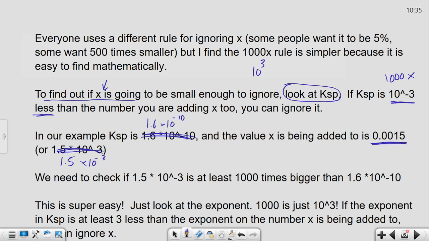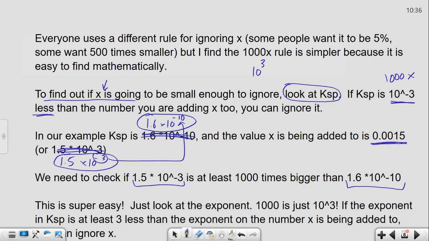So you need to check, is this number 1,000 times smaller than this number? And you don't have to do any fancy math. All you have to do is check the exponents, from negative 3 to negative 10. We're checking if 1.5 times 10 to the negative 3 is 1,000 times bigger than this, which basically means if this exponent is at negative 7 or negative 6, negative 5, negative 4, if it's 3 greater, you're good to go.